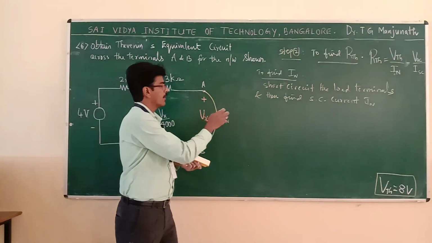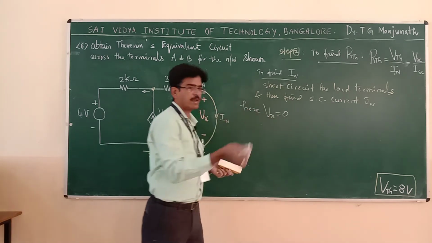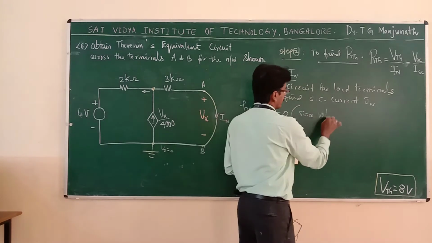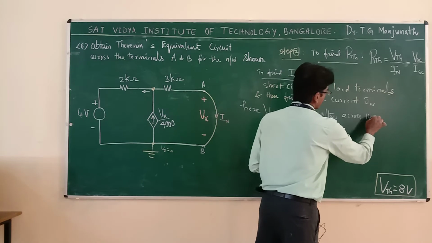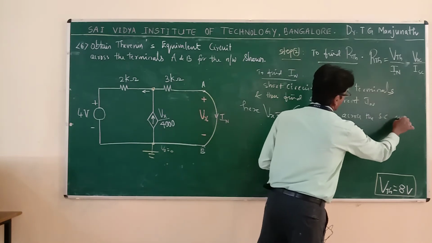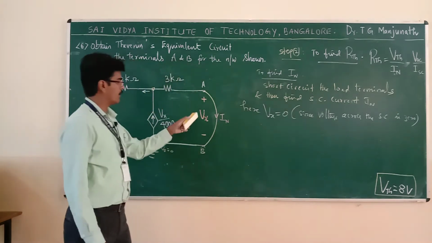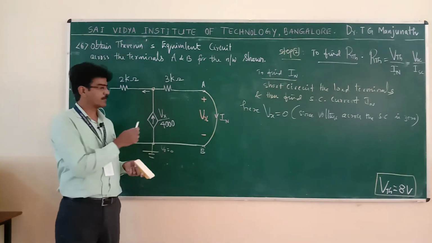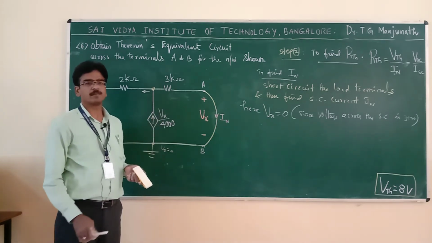Okay. Now, here Vx is equal to 0. Why Vx equal to 0? Since the voltage across the short circuit is 0. When Vx is equal to 0, what happens to this current source? This current source value becomes 0.